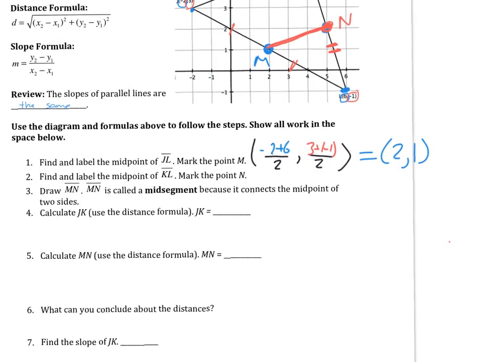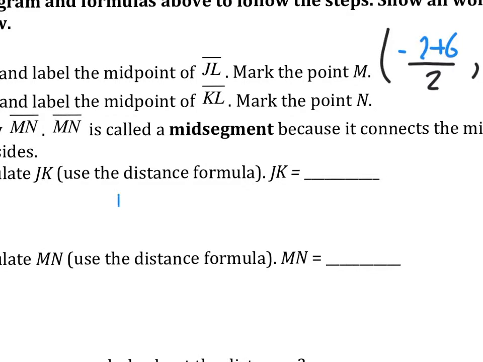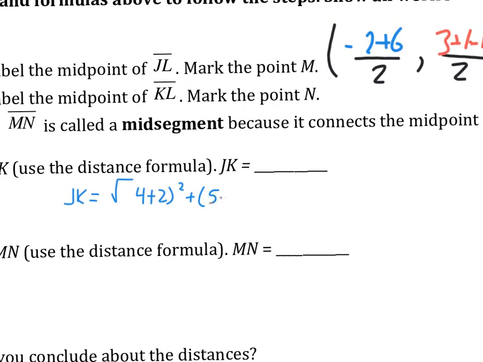So let's calculate JK using the distance formula. JK equals the square root of (4 plus 2) squared plus (5 minus 3) squared.